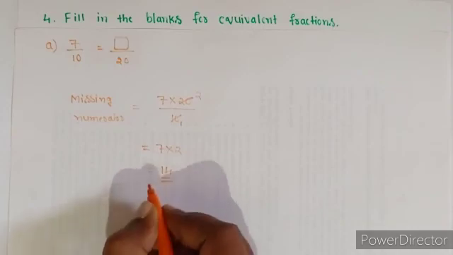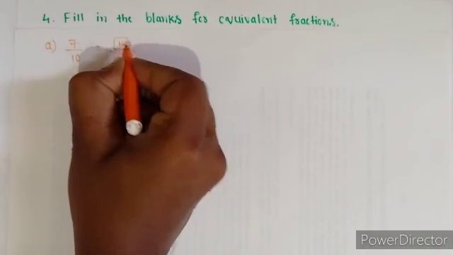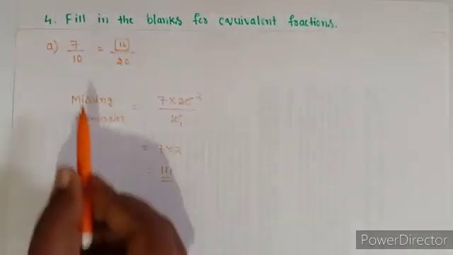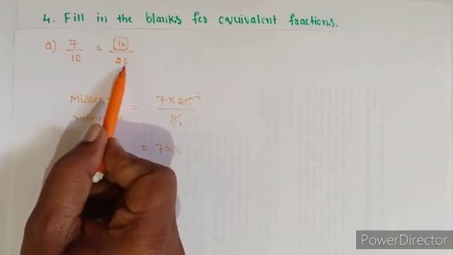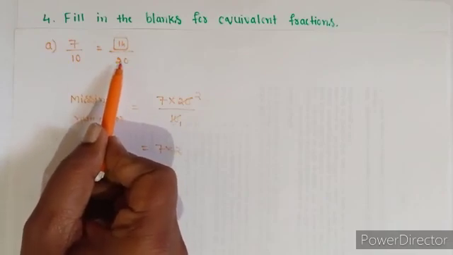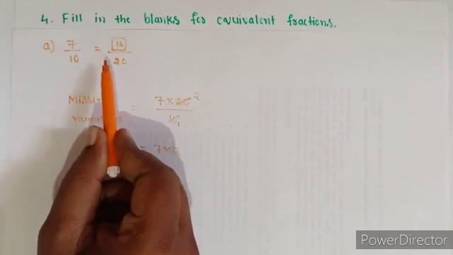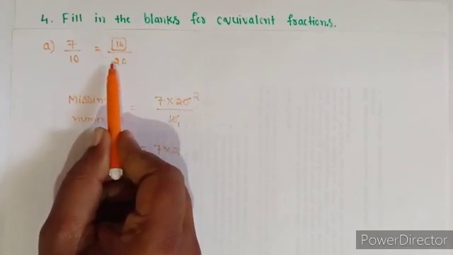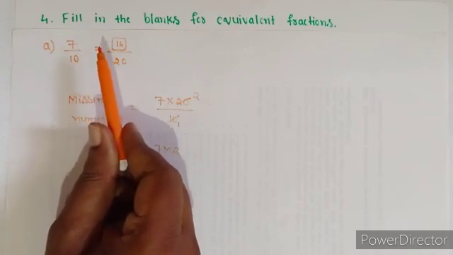So the missing numerator is 14. 7 over 10 is equal to 14 over 20, the equivalent fractions, right? Equivalent fractions have the same value even though the numerators and denominators are different.